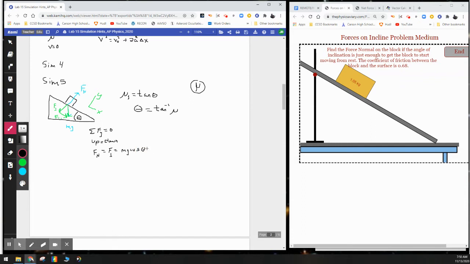We have theta from here, so make sure we're in degrees. g on this planet is 9.8, since it doesn't tell us anything different, and we're also given the mass. So the normal force is just going to be mg cosine of theta. All right, hit pause.